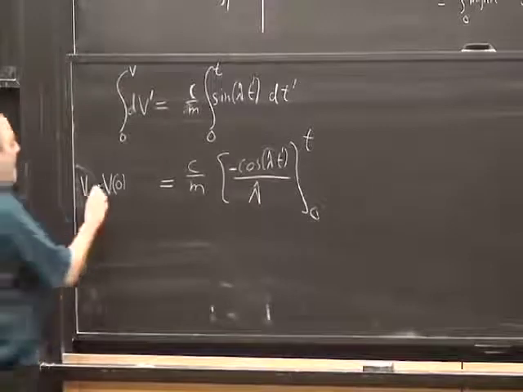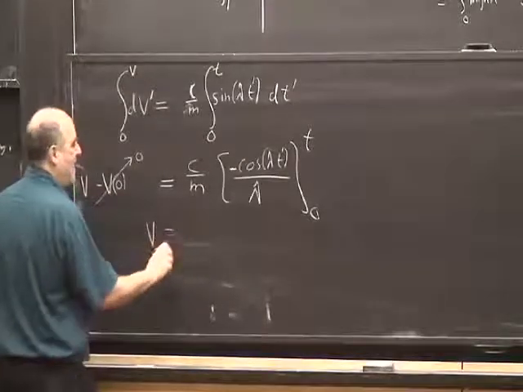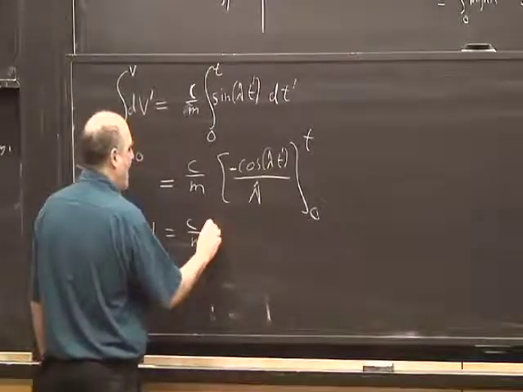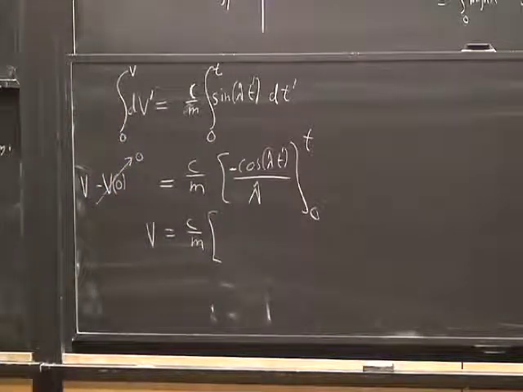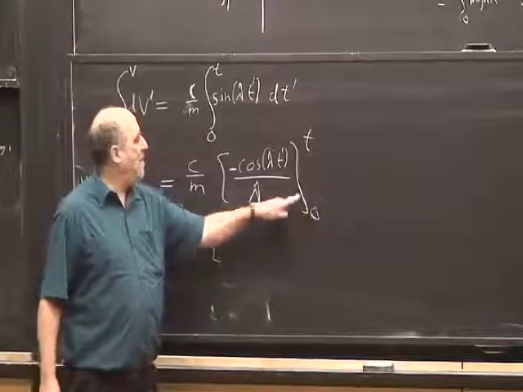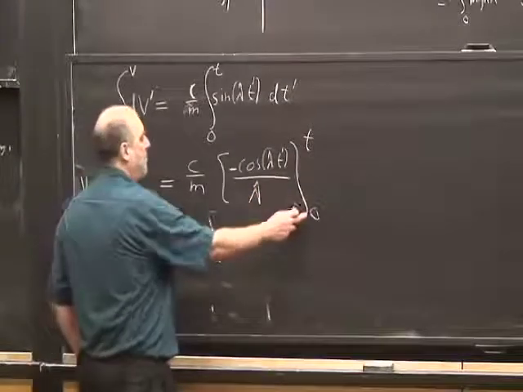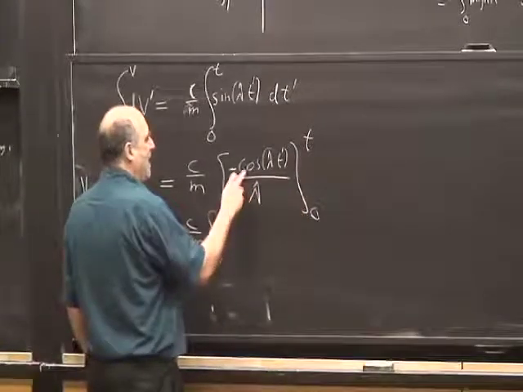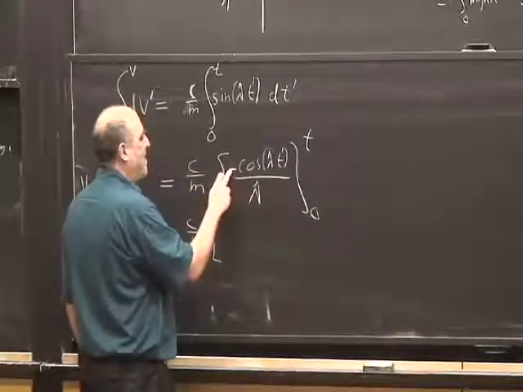Now we specified that the velocity at time equals 0 is 0, so that just turns into v. We have a c over m, and now what is this function of time here for the velocity? We've got a lower limit and an upper limit of integration. The lower limit of integration is cosine of 0, which is 1, and we're going to have a minus sign for this one.